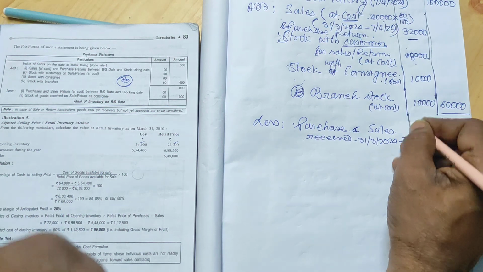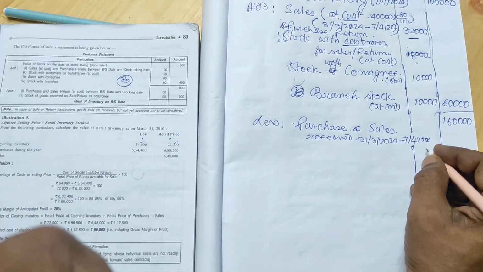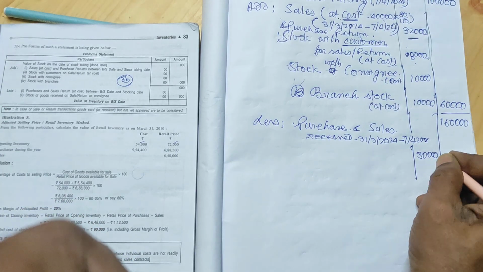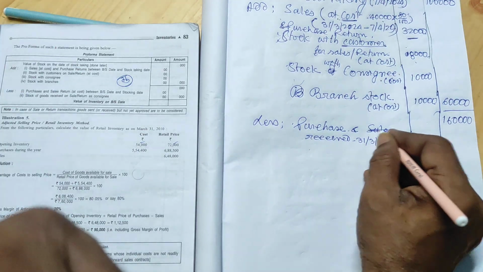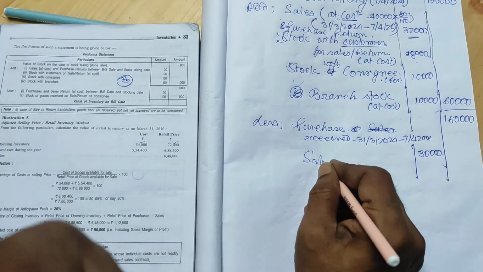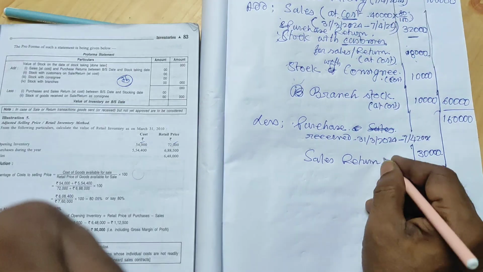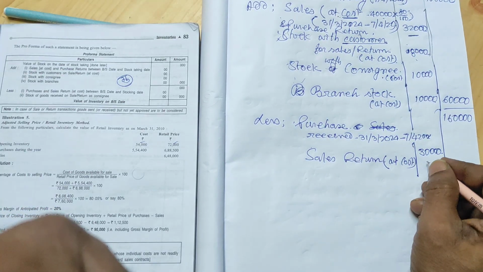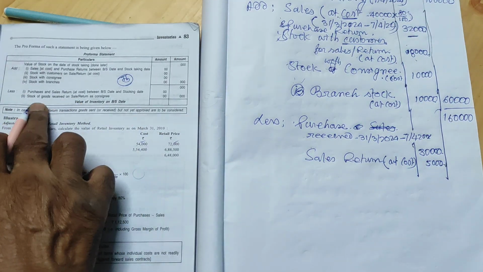Okay, so that very purchase is suppose 30,000 rupees. And sales return is at cost also. You have to convert it to cost. Suppose 5,000 rupees.